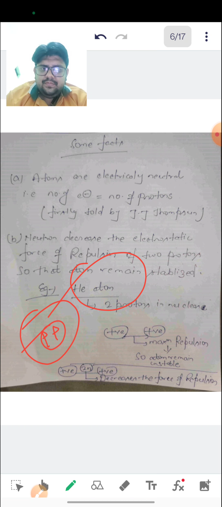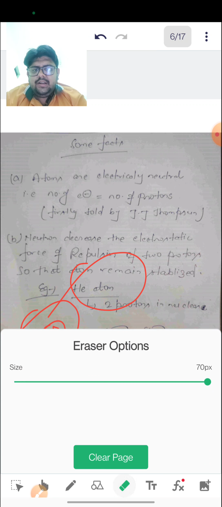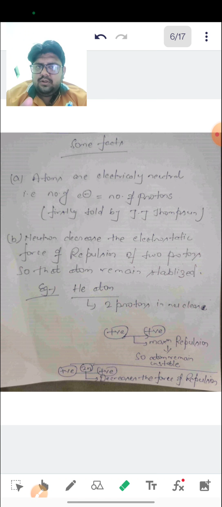When two positively charged particles are placed in close proximity to each other, there will be repulsion, and due to this repulsion the atom would remain unstable. So to decrease this force of repulsion, there are neutrons, which have no charge. The neutrons decrease the electrostatic force of repulsion between the two positive charges so that the atom remains stable.